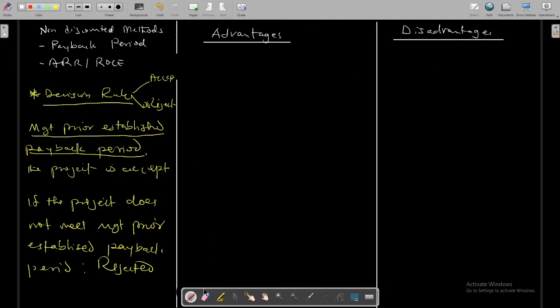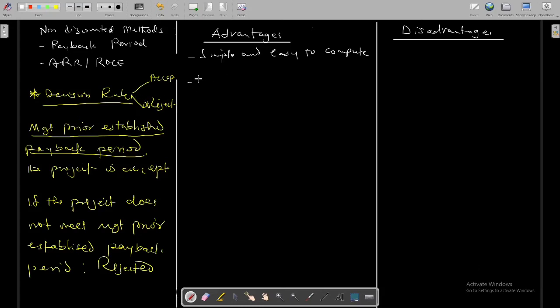Now, the first advantage of the payback period is that it is simple and easy to compute. The payback period is simple and easy, as we saw in the calculation. It's very simple and easy to compute.